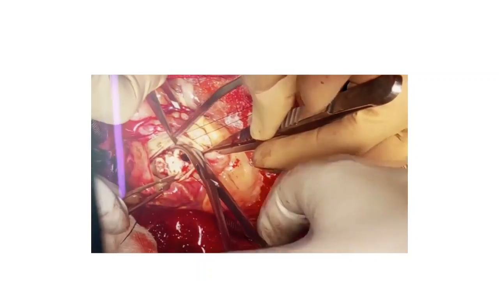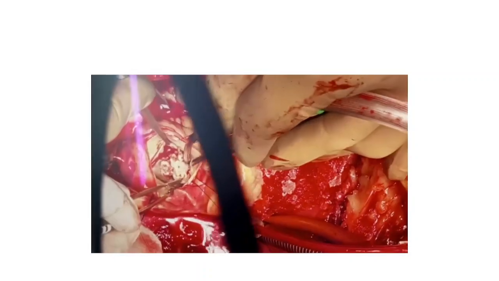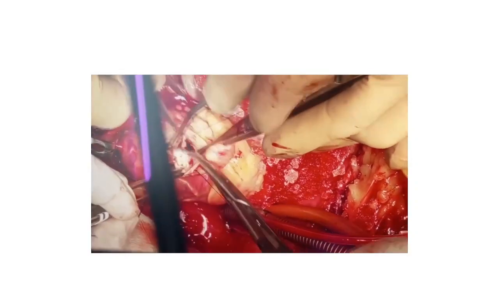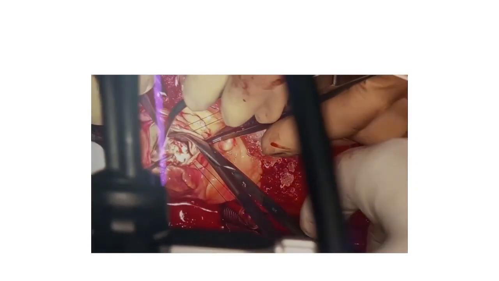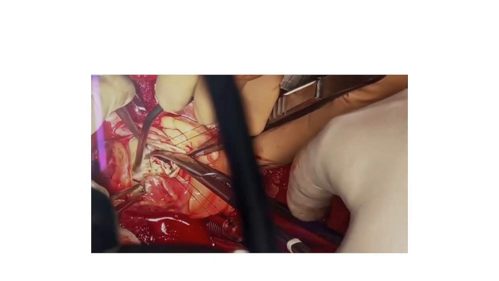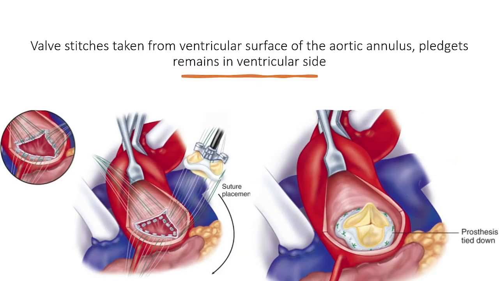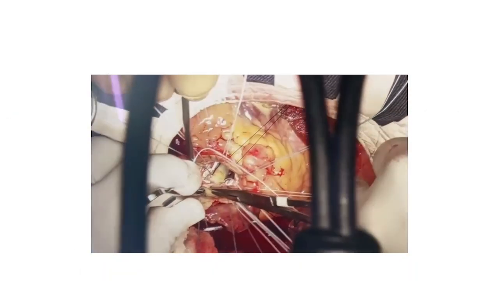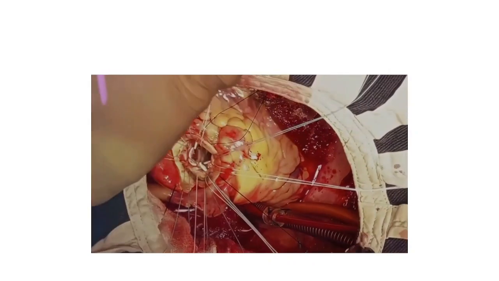This is how we crush it and extract the valve. We get a cleavage and we go through the cleavage. This is the crushing, and then to take the stitches, the pledgets are put inside the LV. And here also a chunk of endothelium came out with the calcium, and while taking the bites, we fix it with these pledgets.